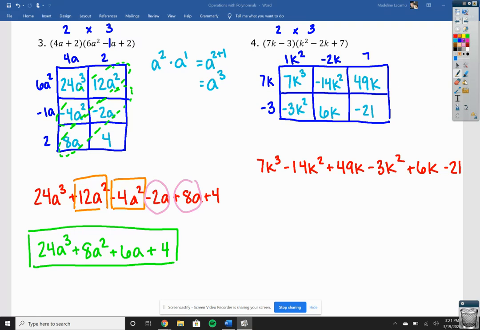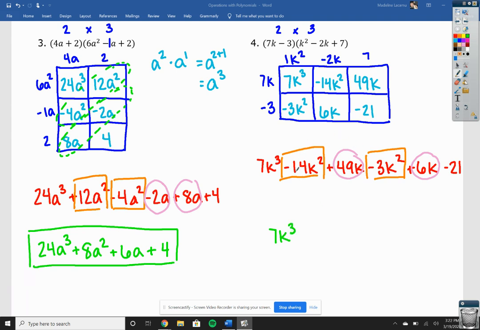Now what we have to do now is find our like terms. We don't have any like terms with k to the third, so I'm going to move on to k to the second. There I have negative 14k squared and negative 3k squared. And we have 49k and 6k. Which means when we combine those, our final answer, we have 7k to the third by itself.